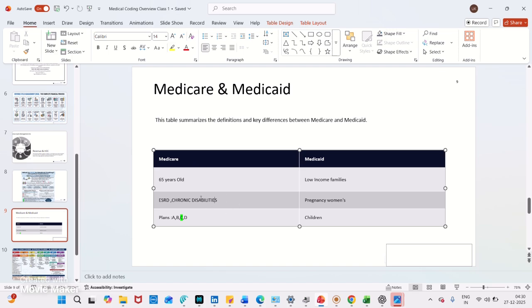Medicaid is used for low-income families in the USA, pregnant women, and children. Medicare is divided into 4 parts: Part A, Part B, Part C, and Part D.